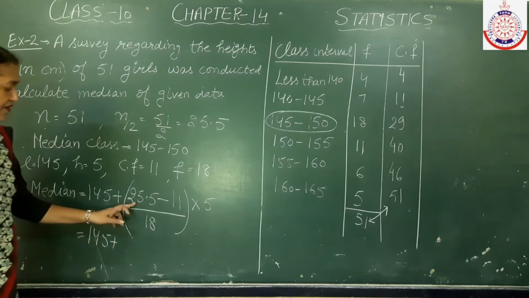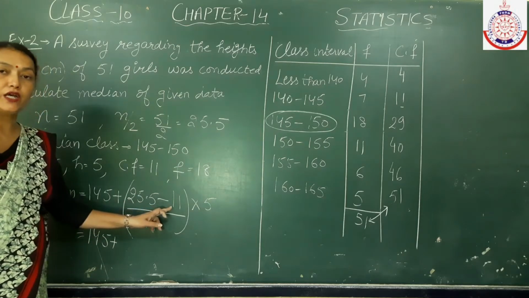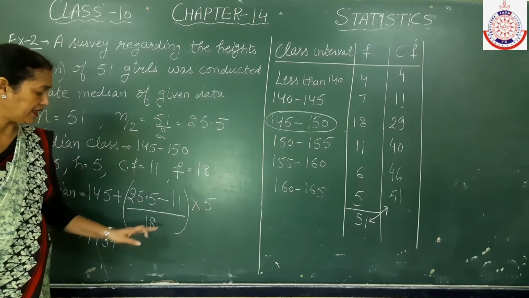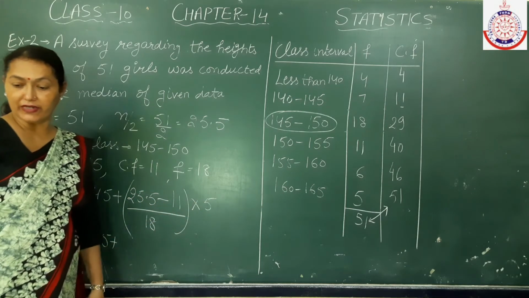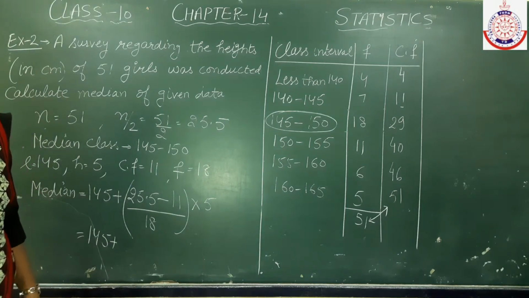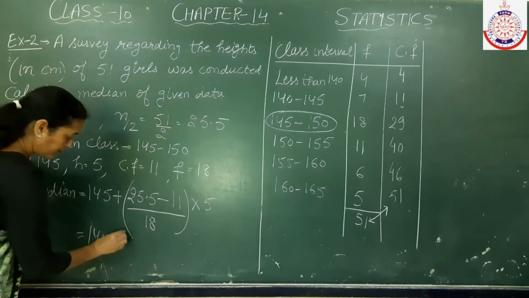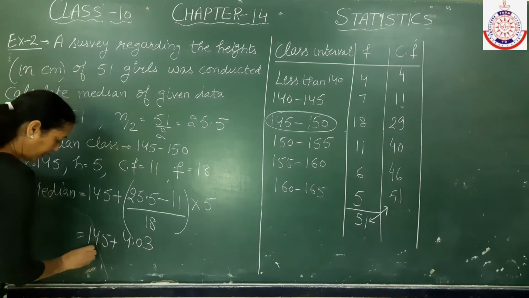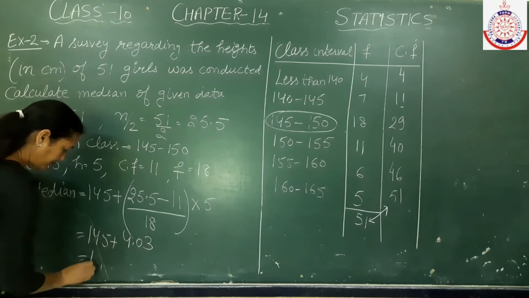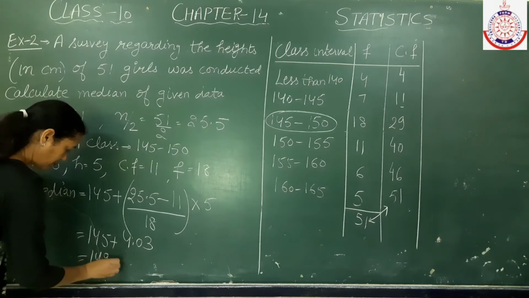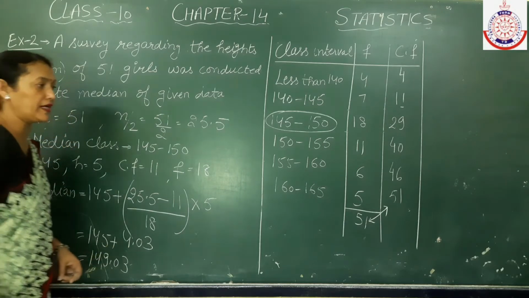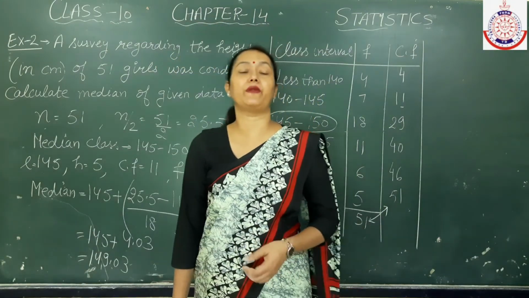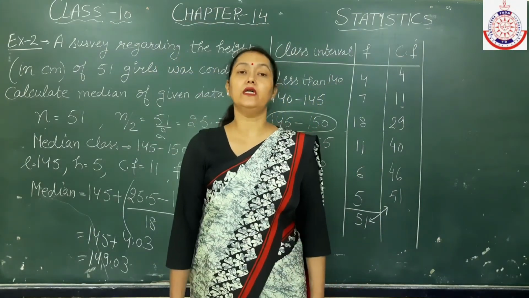This 25.5 minus 11 will give us 14.5. 14.5 into 5 divided by 18 will give us 4.03. So if you add, answer of median will come out to be 149.03. 149.03 we have obtained median for the given class.